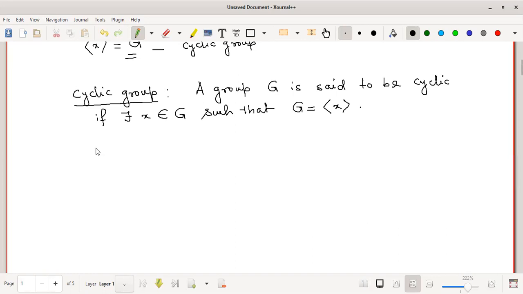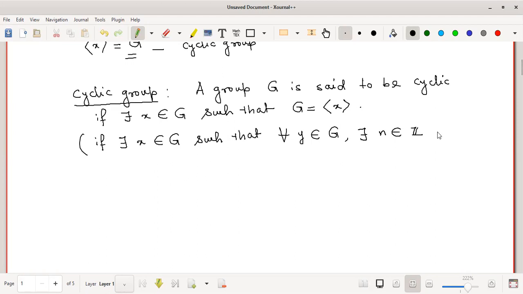So in other words, we can say, if there exists x belongs to G such that for every y belongs to G, there exists an integer n such that y can be expressed as x to the power n. So this is the definition of a cyclic group.